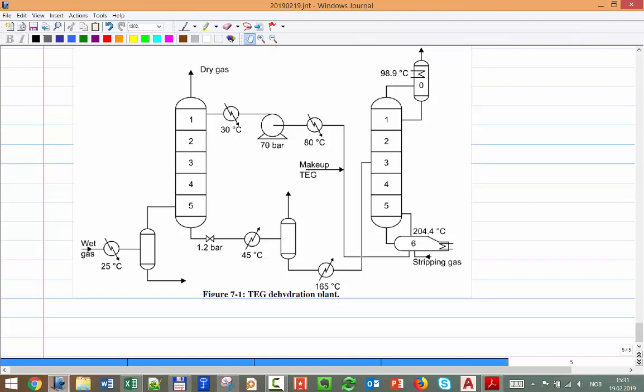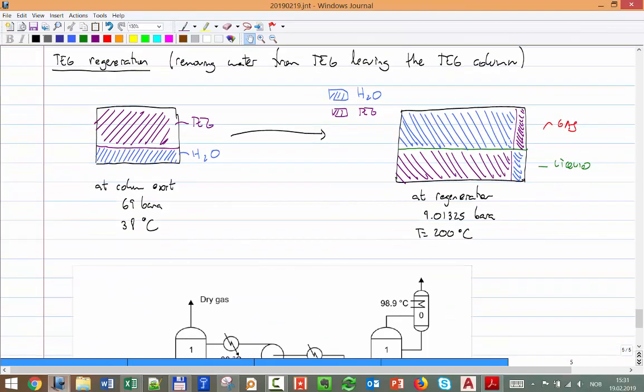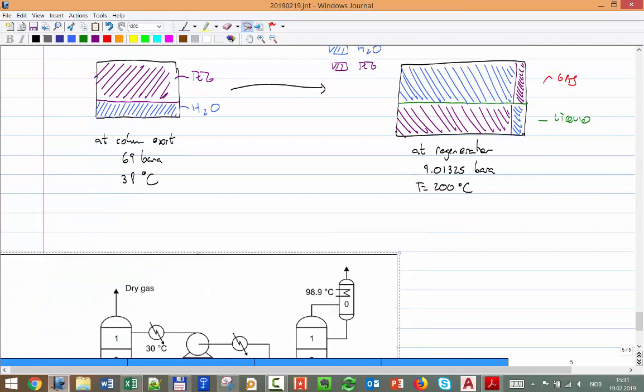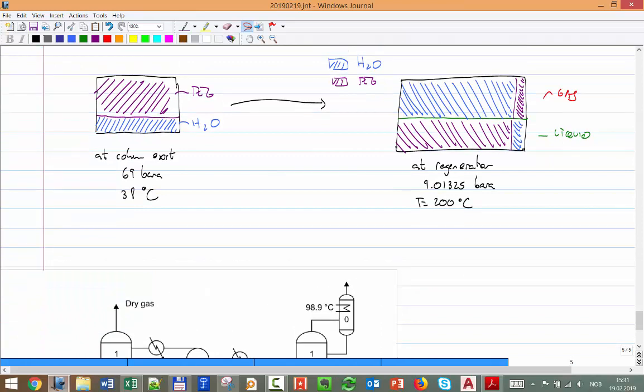So you have all kinds of strange processes that are crossing each other, but it's simply to use the heat that I have to take from some stream to warm some other stream that is going the other direction. But we are not going to go too much into details. We're just going to go into how the process is done. So here at this regenerator, I can separate mechanically the liquid from the gas, from the vapor.